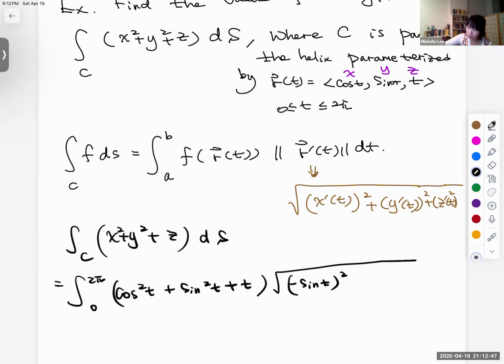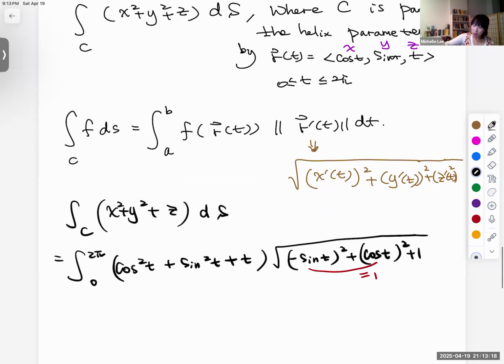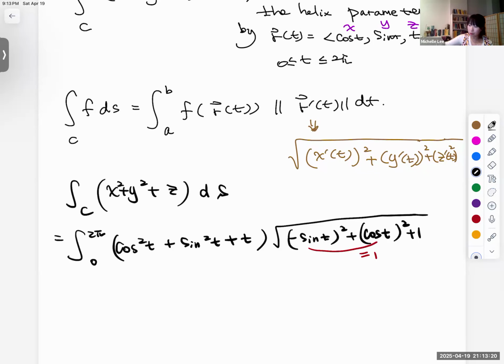And then square them, plus y prime of t. So the derivative of sine is cosine t, squared. And then the derivative of t is 1, squared, right? Now this is 1, right? So 1 plus 1, we have the square root of 2.